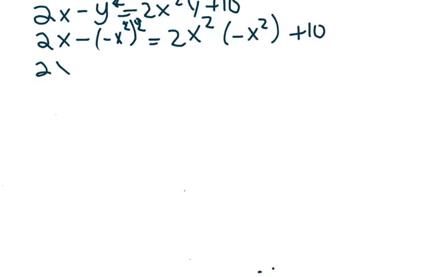It will be 2x minus x to the fourth equals, actually these combine, so it would be negative 2x to the fourth, not to the second, because x squared times x squared is x to the fourth. Plus 10.